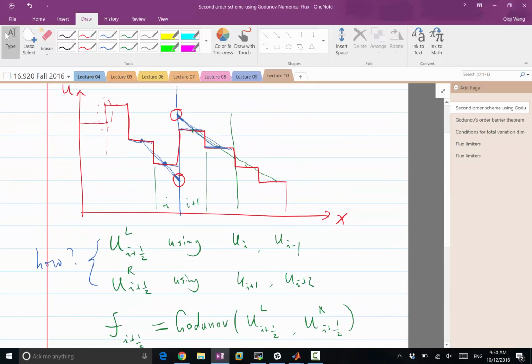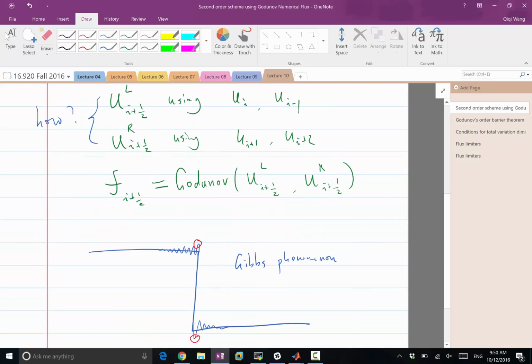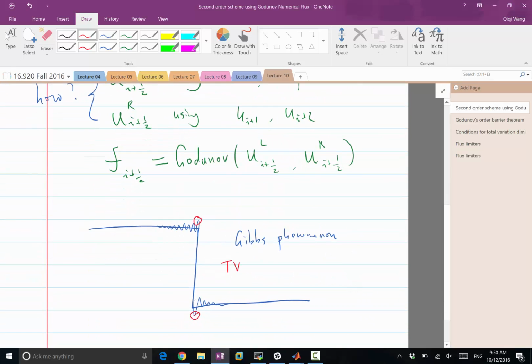And this violates the correct behavior of a scalar conservation law, which diminishes the total variation of the solution. Remember the total variation? The total variation is defined as an integral over a region a to b of the absolute value of the derivative, integrated over dx.